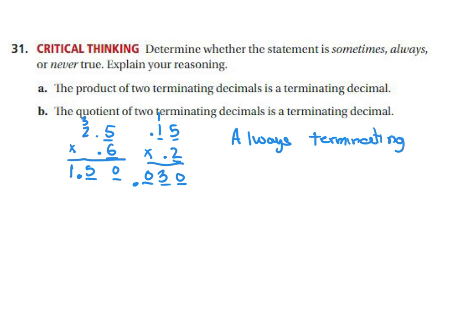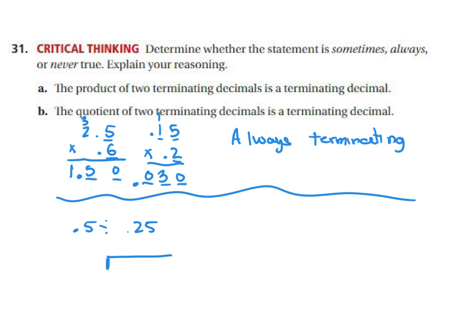The quotient of two terminating decimals is a terminating decimal. So let's try this again. Just pick a few. 0.5 divided by 0.25. 0.5 goes in the house, 0.25 goes outside.